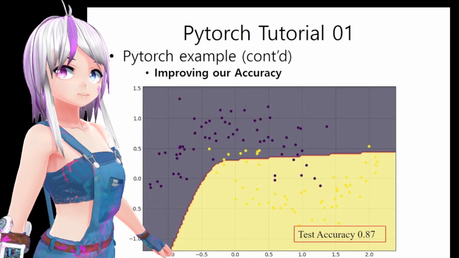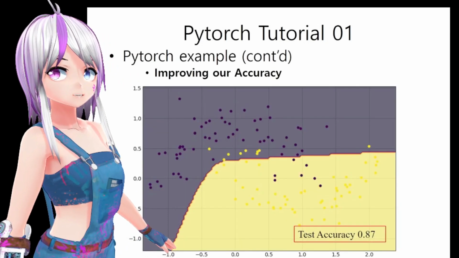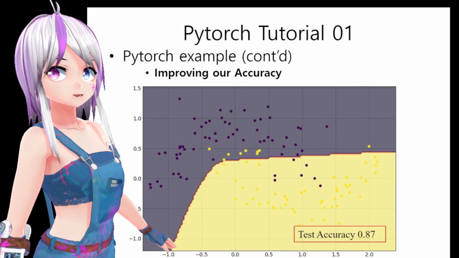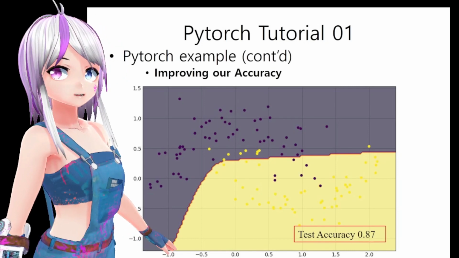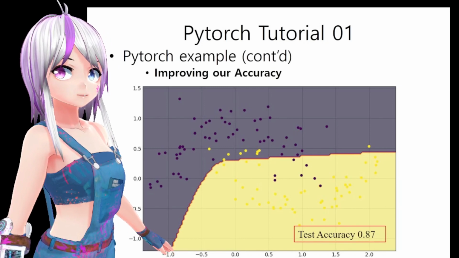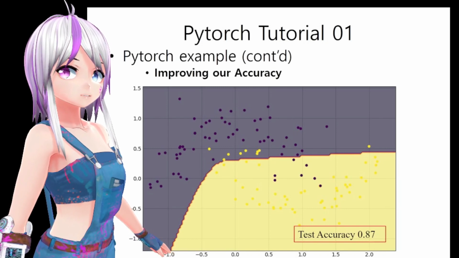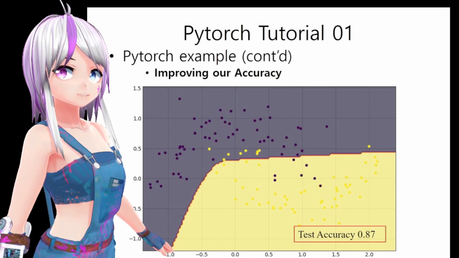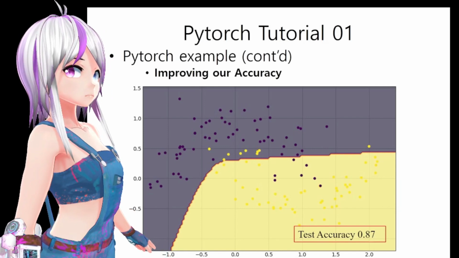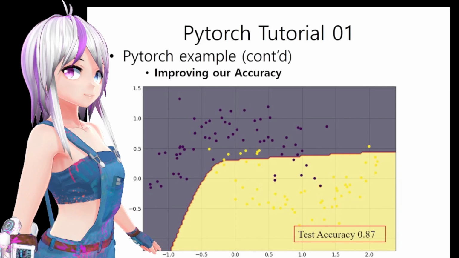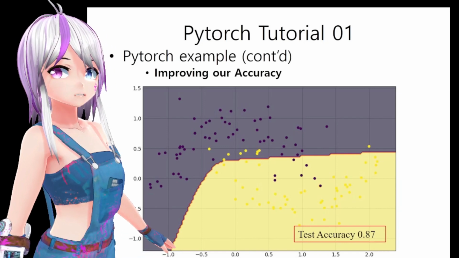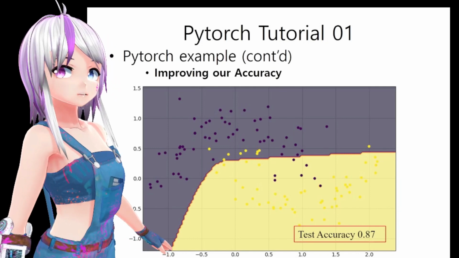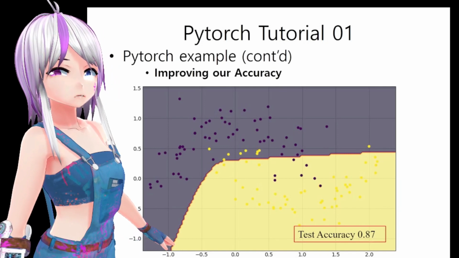When you improve the accuracy, we still have 4 hidden nodes, I believe, and we have false positives and false negatives over there, where the yellow dots are false positives and purple dots are false negatives in this example, so to speak. The accuracy is 0.87, and every time you perform the simulation, the accuracy will be a little bit different, but in the same range.